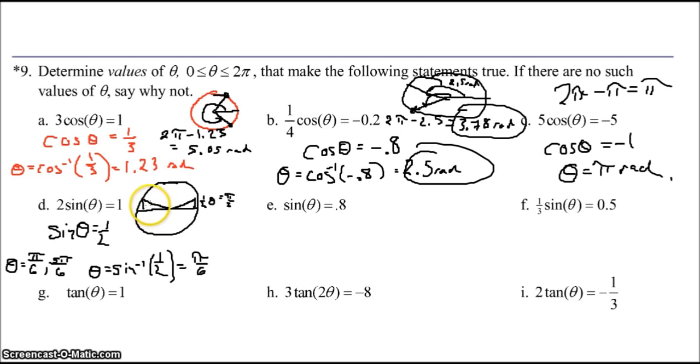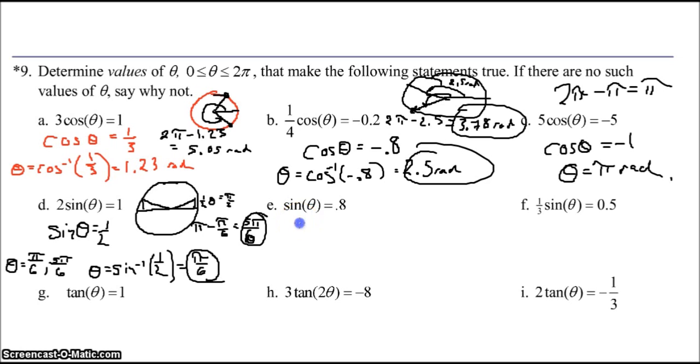And that would just mean there was pi over 6 right here. So we just have to take pi and subtract pi over 6, and we get 5 pi over 6. So that's the pattern that we could use for all the rest of these problems in this row. Find the first angle using the inverse sine, and then take pi minus that angle. I think that might work.